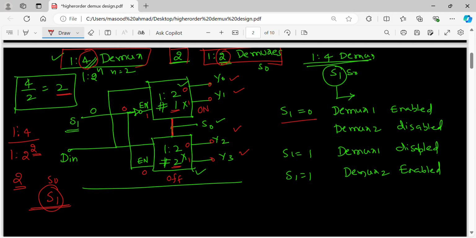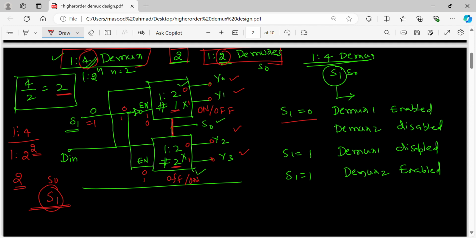So this is functioning. Now if S1 is equal to 1, 1's complement is 0. So input is 1, 1's complement is 0. Now the same 1 is going to reach over here. Earlier it was off, now it becomes on. Earlier it was on, now it becomes off. Why does it become off? 1's complement is 0, so it is going to be off.